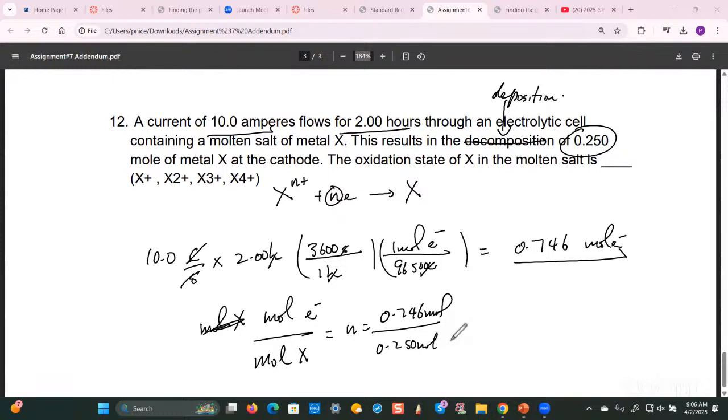When I do that calculation, 0.746 divided by 0.250, you're going to get 2.98. And since N must be an integer, we can approximate that to 3, right? So the charge carried by the metal will be 3 plus, or plus 3. And that's basically how that will be done.